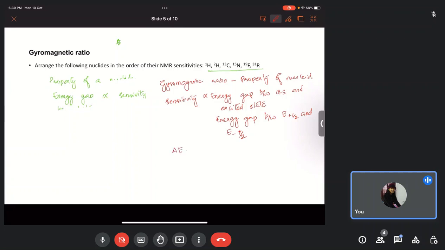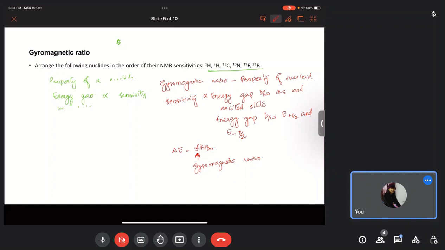We know that delta E is equal to gamma h-bar B0, so at a particular magnetic field, the only other thing that the energy gap depends upon is the gyromagnetic ratio. I'm not going into the physical intuition; I just want to give you an understanding of how different these gyromagnetic values are.